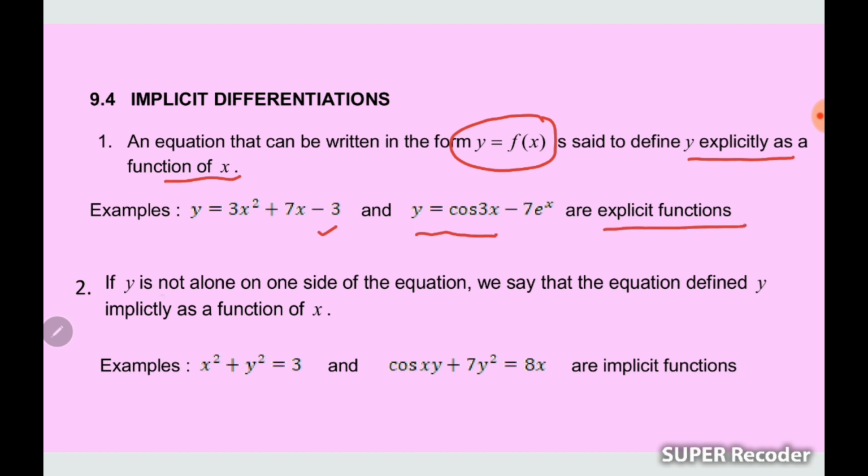If y is not alone on one side of the equation, we say that the equation defines y implicitly as a function of x. Examples are x squared plus y squared equals 3 and cos xy plus 7y equals 8x. These are implicit functions.